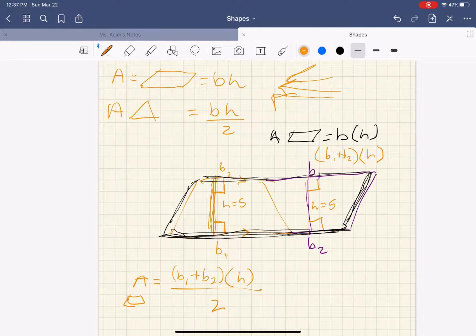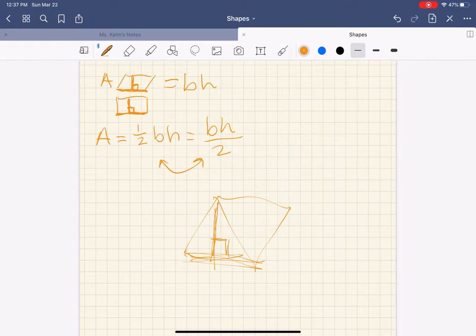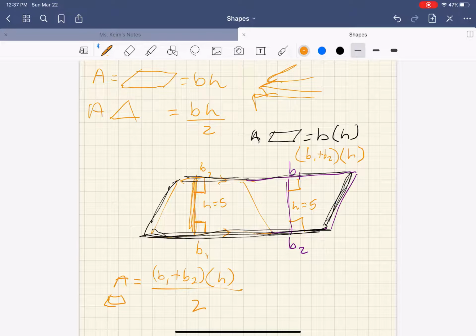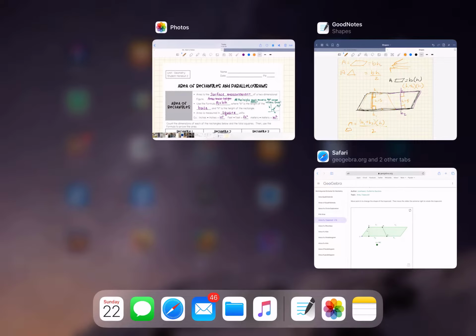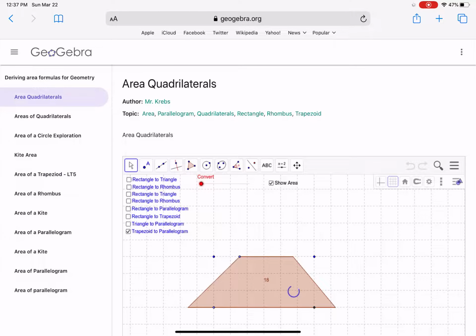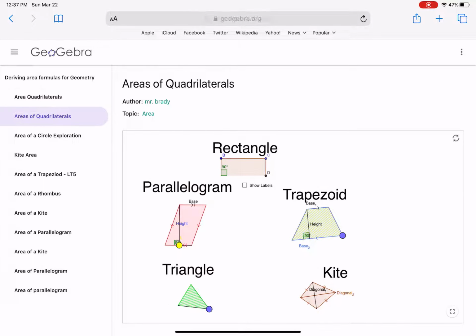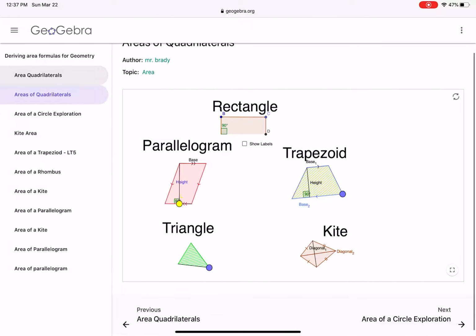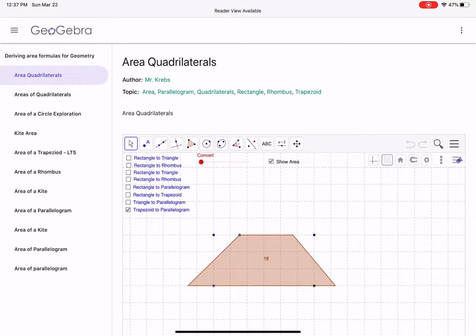But once again, just like with the triangle, I apologize, just trying to switch between all the things. Just like with the triangle, we don't want the area of this parallelogram. We want just the area of our original triangle.